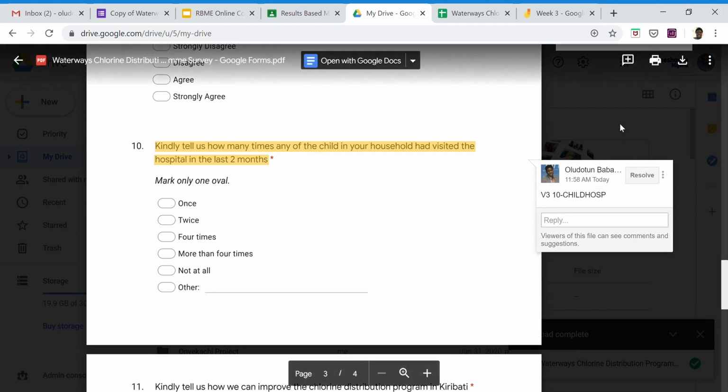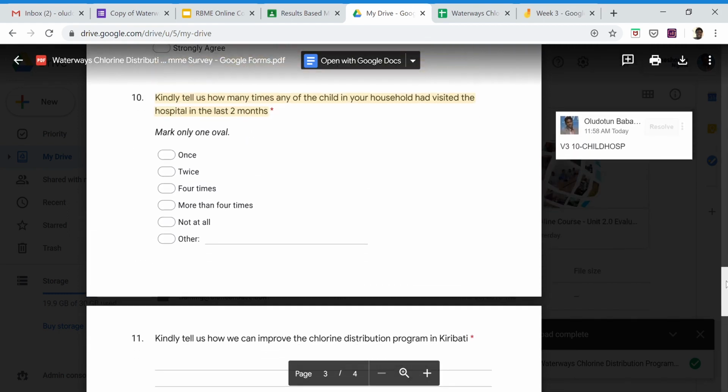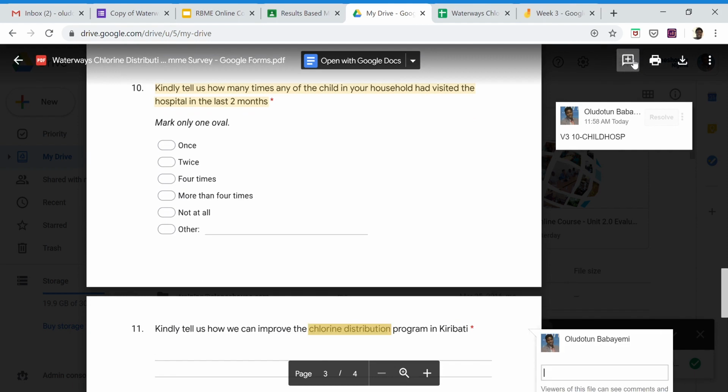So I can have it this way, and I can also do 11, improvement.